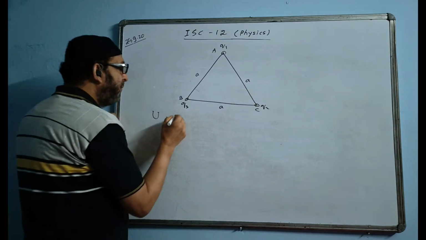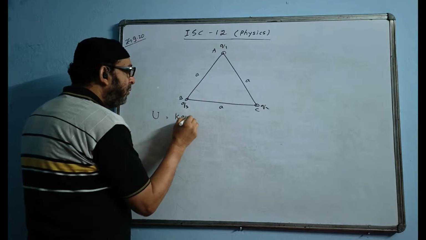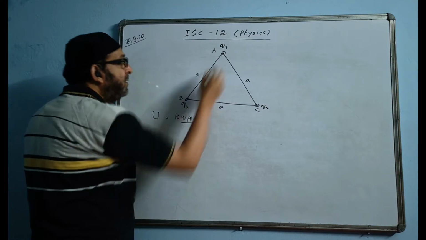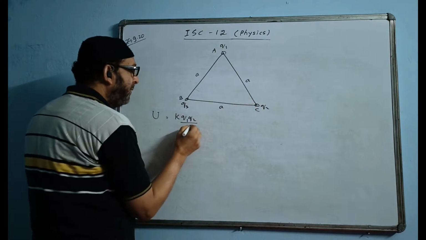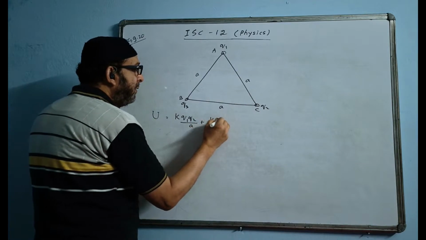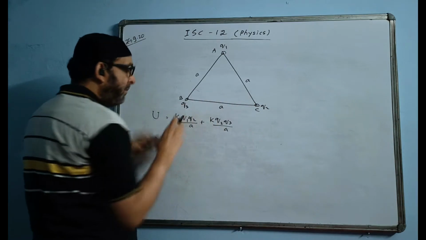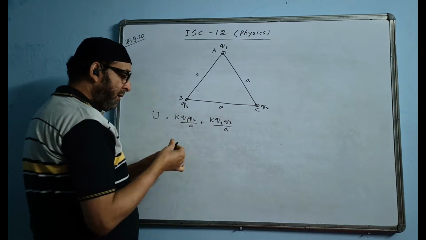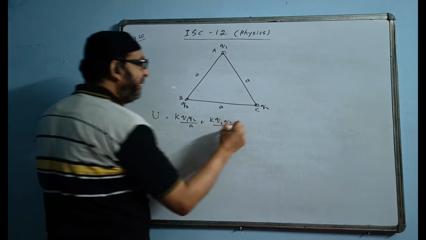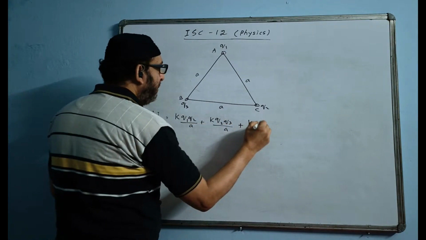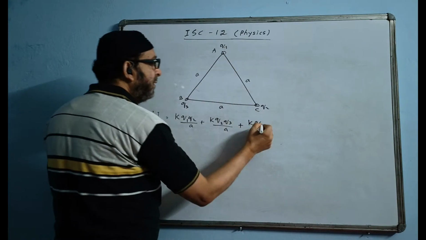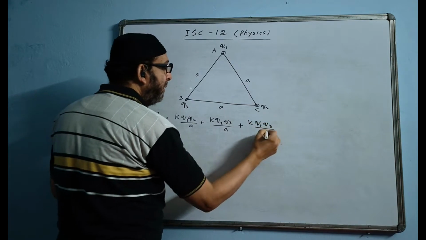That means U is equal to K Q1 Q2 by, the formula's R is the distance, which is A over here. Here we can add K Q2 Q3 by A, and the last one we will write here, K Q1 Q3 by A. We can add in any order.